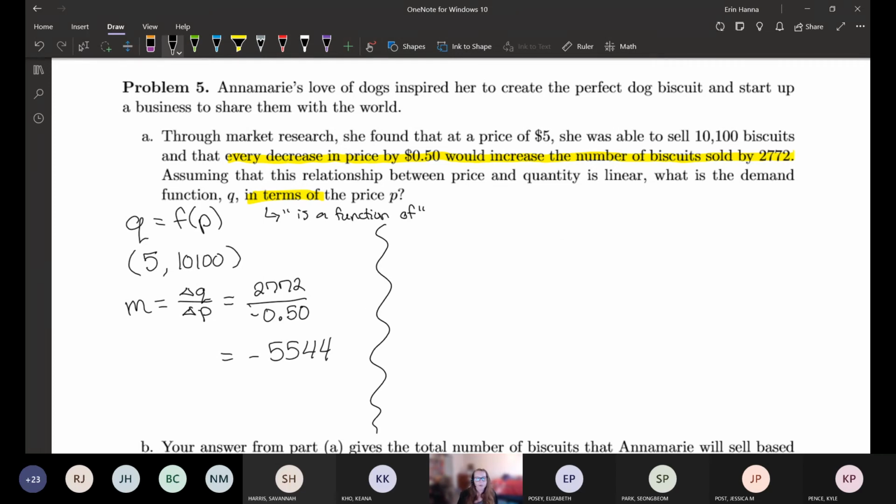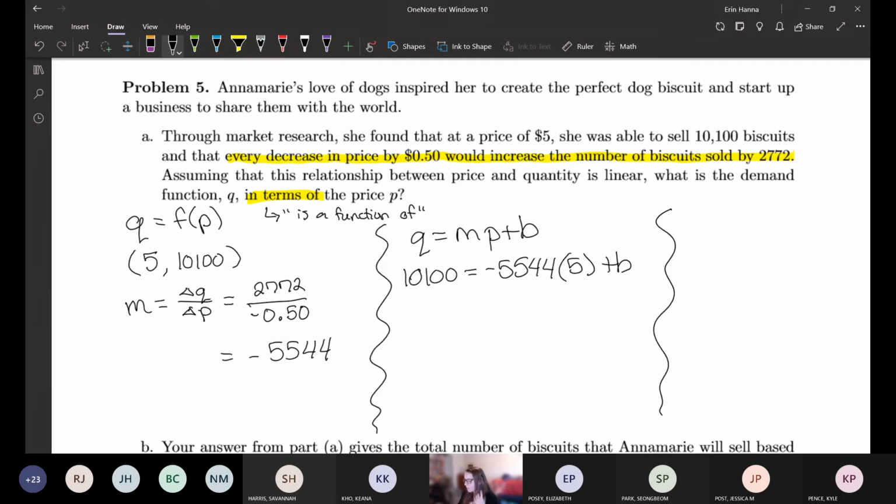So we have a slope and we have a point. If we want an equation of a line, we can now use those two things to find the B value. So we have that the Q was 10,100, M was negative 5544, P was 5, and we don't know what B is yet. That's what we want.